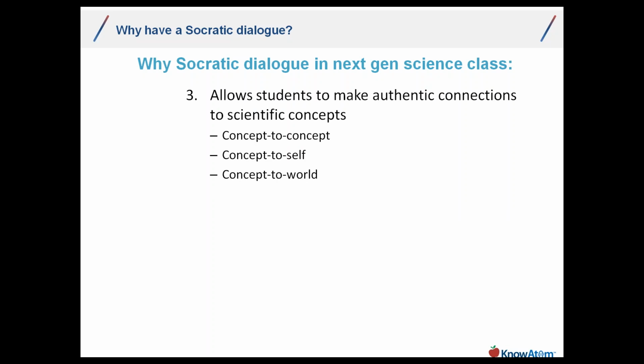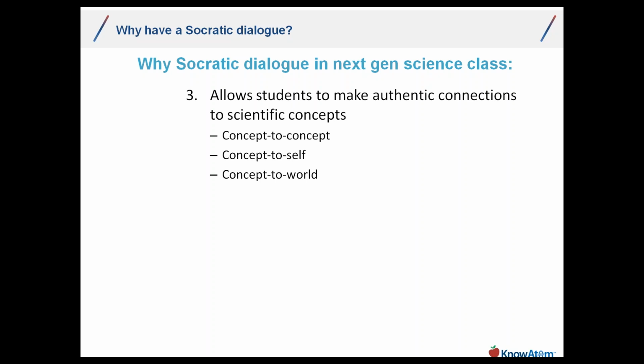Third, it allows students to make authentic connections to scientific concepts. And this is what I referred to earlier. An authentic connection is one that is obviously not the result of direct instruction. So if you're creating this culture of Socratic thinking in your classroom, then over the course of 10 weeks this starts to become the way that you do business as a student scientist or a student engineer in the classroom: to think about other things that we've thought about before.